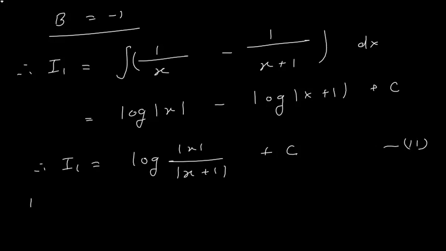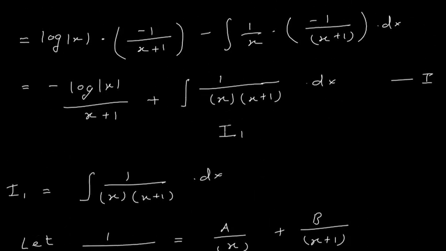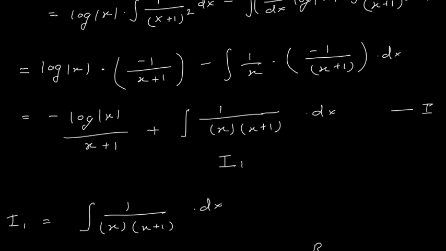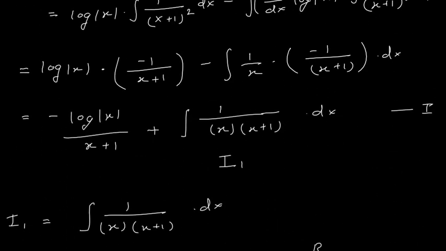So from 1 and 2, I will say that I is equal to, now the first part, if I check I1, it is minus log x upon x plus 1, minus log x upon x plus 1.